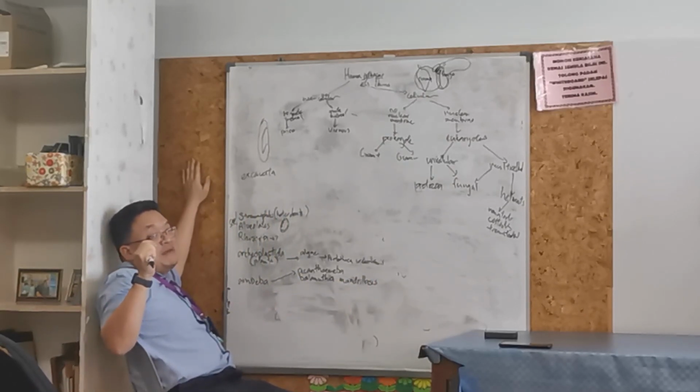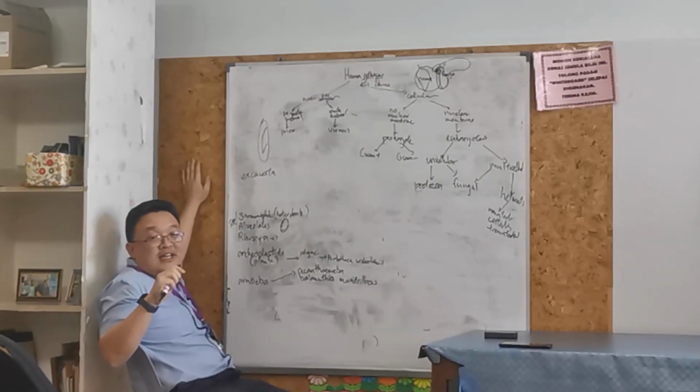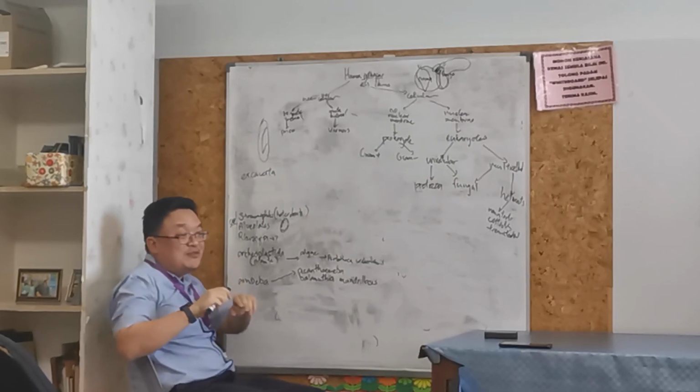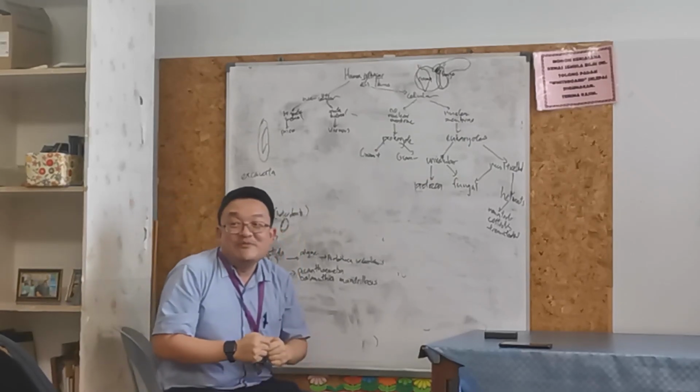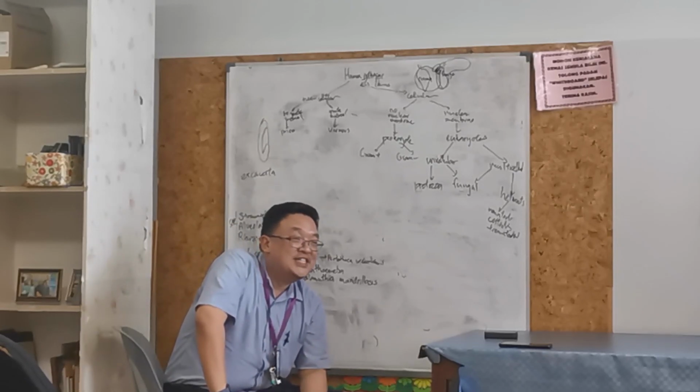Do you know what a mandrill is? A monkey. Anyone of you watched Lion King? Were you old enough when Lion King came out, or were you born after? Lion King came out in 1994.